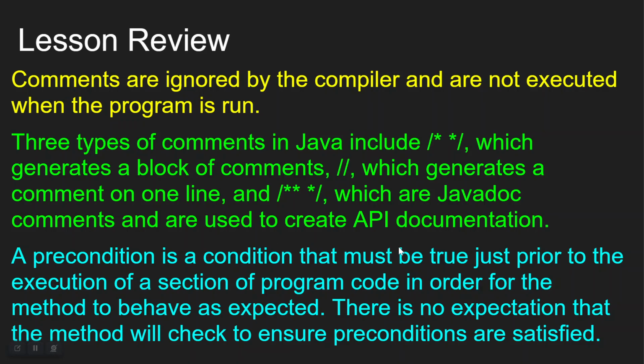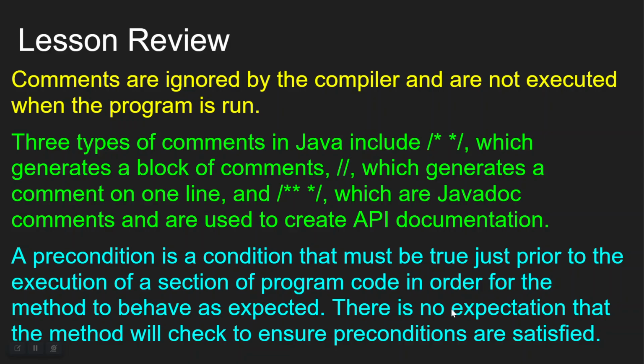A precondition is a condition that must be true just prior to the execution of a section of program code in order for the method to behave as expected. There is no expectation that the method will check to ensure the preconditions are satisfied. Sometimes the method can actually check whether or not the preconditions are satisfied, such as if you had a program that divided numbers, you can say that the denominator should not be 0.